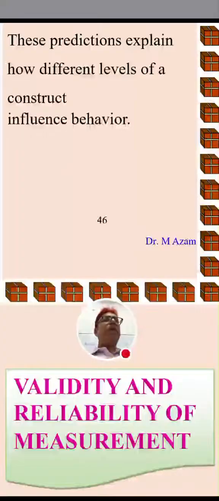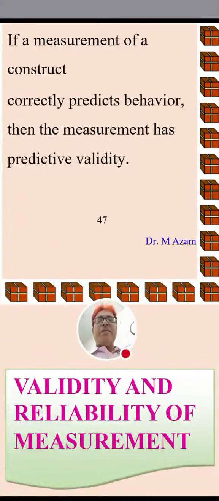These predictions explain how different levels of a construct influence behavior. If a measurement of a construct correctly predicts behavior, then the measurement has predictive validity.